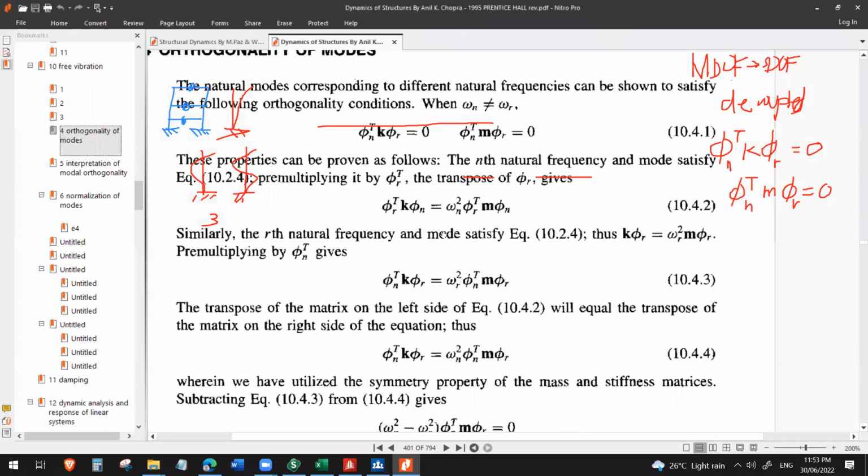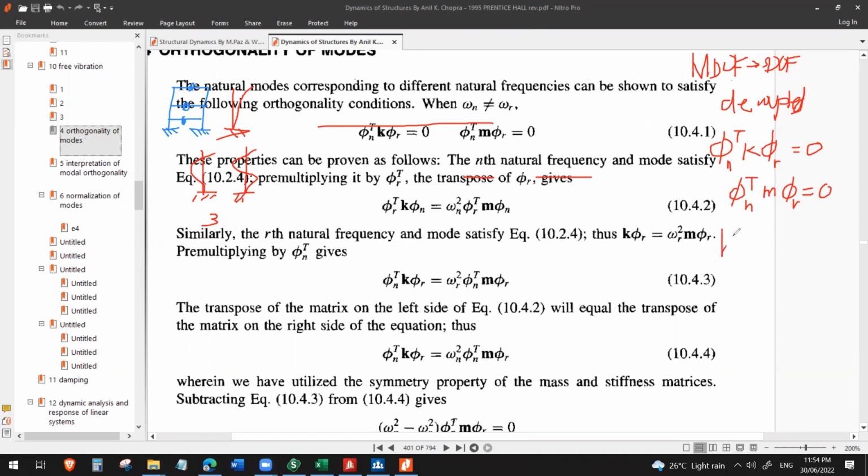Yeah. So phi transpose r K phi n. We will multiply, pre-multiplying by phi transpose r, equation 10.2.4. Okay, so this is equation 10.2.4.